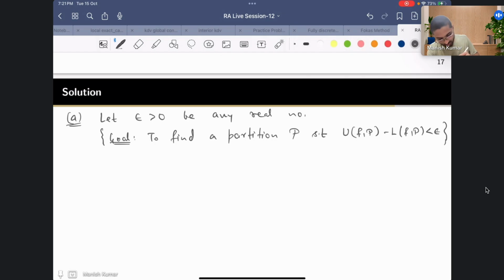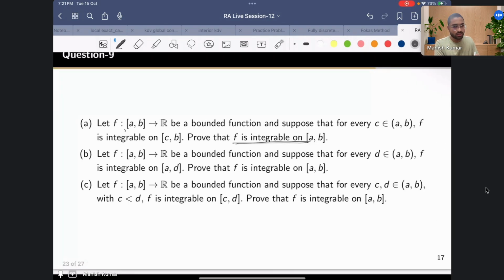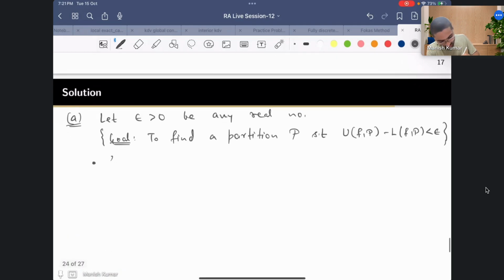Now, as I suggested, we want to prove integrability at A, so we'll take a sequence. Consider a sequence Cn, and I'll have to take it in the open interval (A, B), because I will use the fact that the function is integrable on [C, B] for any C belonging to the open interval (A, B).